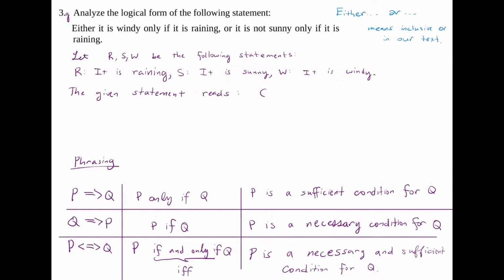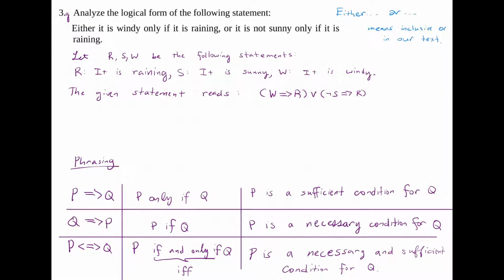And so here we have W implies R. And now the either or is referring now to this inclusive or. And we have not sunny appearing before the only if, so that's the antecedent there. So not sunny implies that it is raining. And so we have our logical statement.